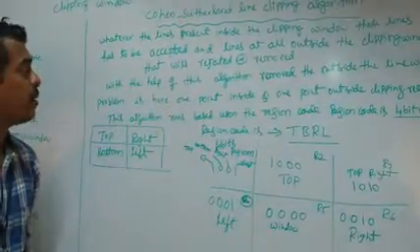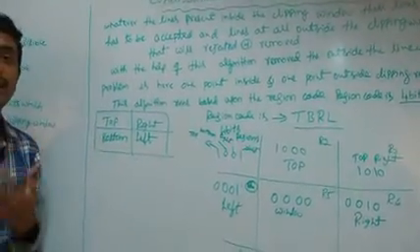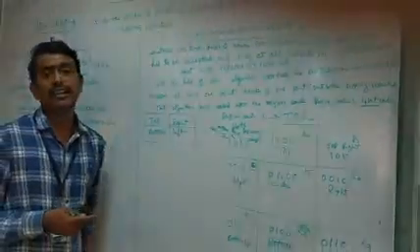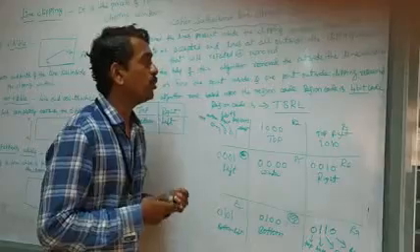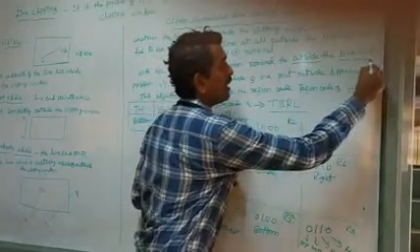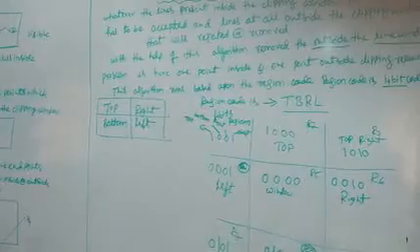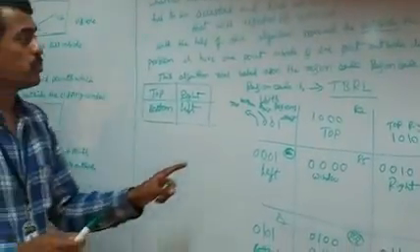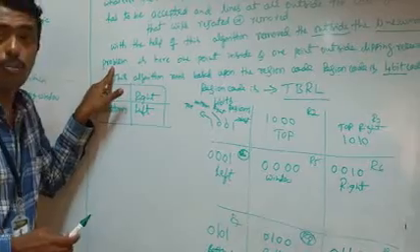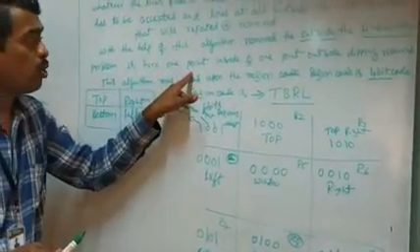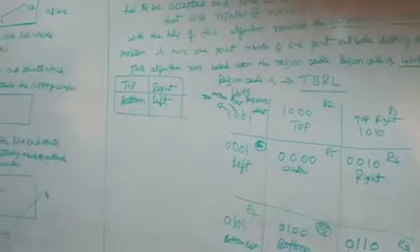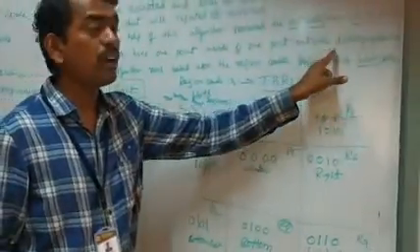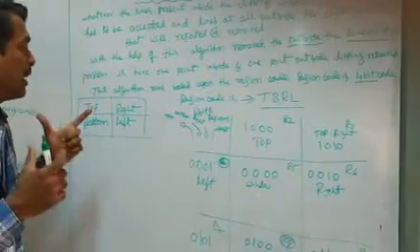With the help of this algorithm, the lines outside the window are removed. The problem is here: one point inside and one point outside. Clipping is required.